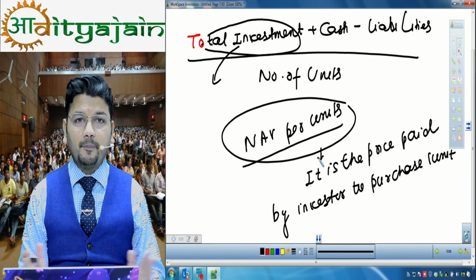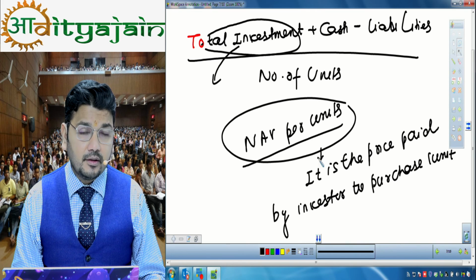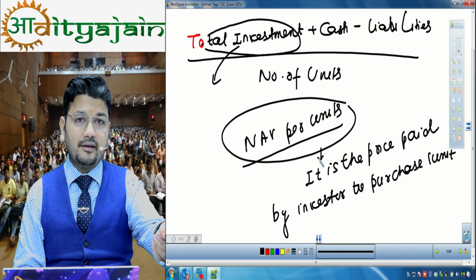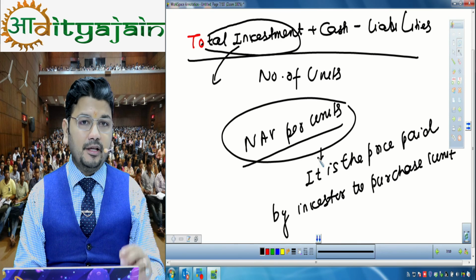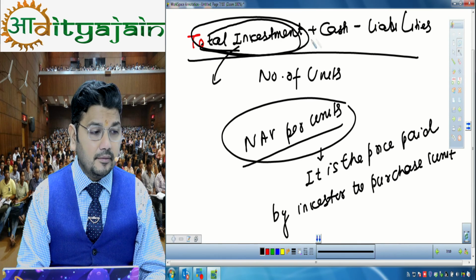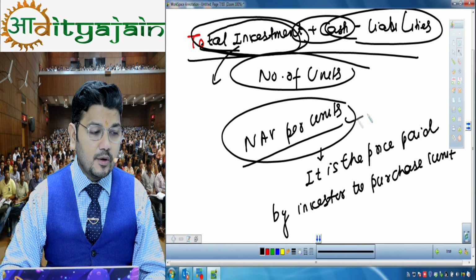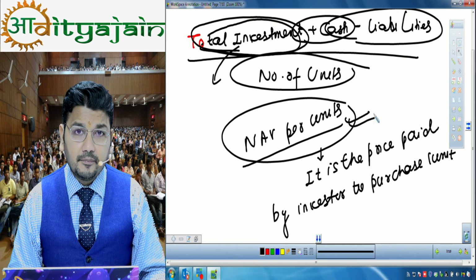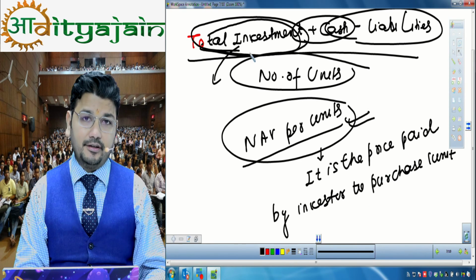So this is the proper basic knowledge of NAV. Whenever you purchase any mutual fund scheme by paying an NAV, you are paying for their total investment plus cash minus liabilities upon number of units. And whenever NAV increases, you will have a benefit.